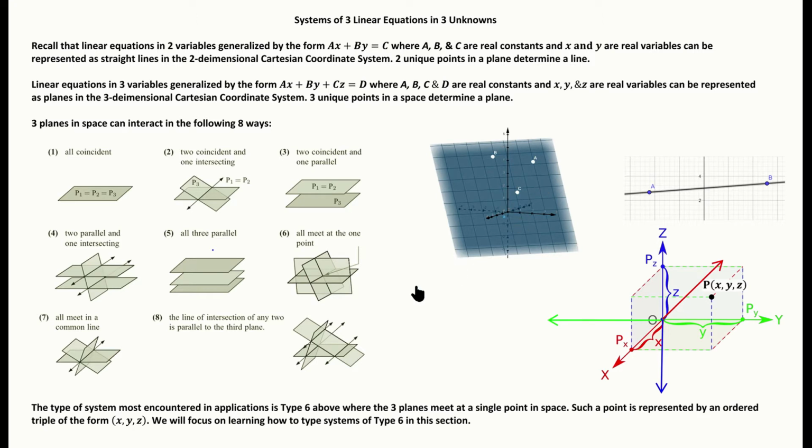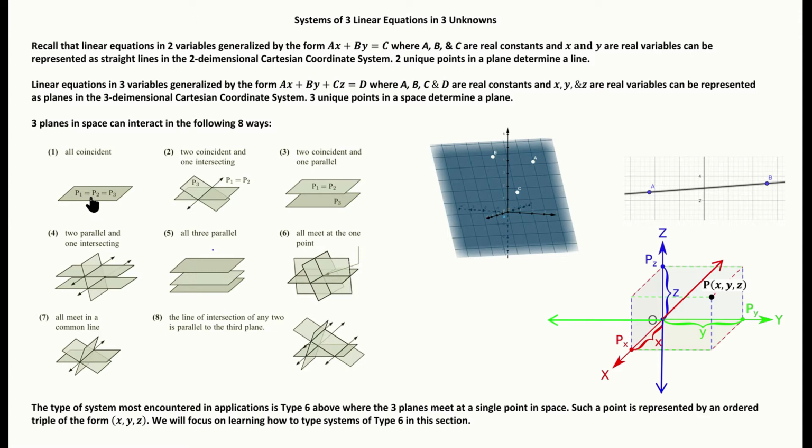Now, if you take more than one such equation, in this section, we're going to be dealing with 3 such equations. What you're going to end up seeing is one of these 8 scenarios. When you look at any 2 planes or 3 planes in the space, they can interact in one of these 8 ways.